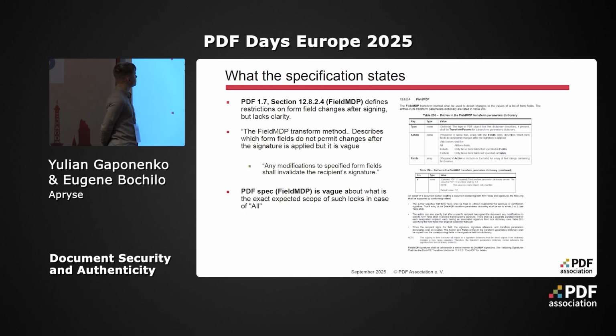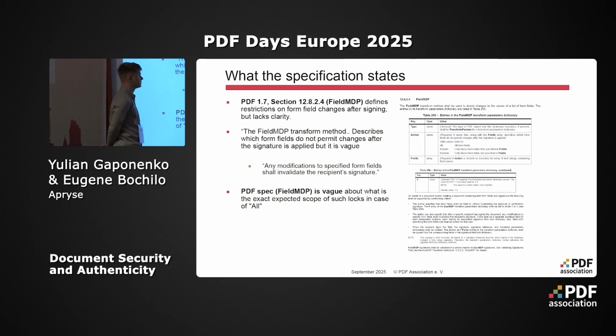And the main problem with this part of the specification is that, once again, FieldMDP is quite vague about how those fields shall be treated. So when you have a signature with all being set as the action of the FieldMDP dictionary, does it mean that all fields in the document, no matter if they're already there or not, shall be locked?